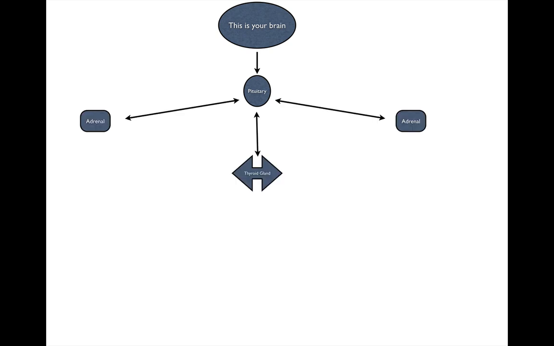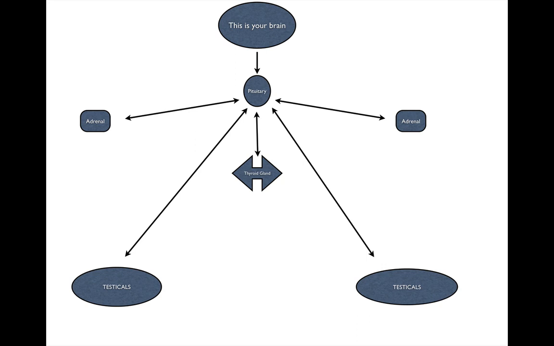Let's go through some of the basic physiology that you're going to need to know to understand TRT and testosterone in general. This is your brain, and in the brain, there's an area called the hypothalamus. It sends signals to communicate with the pituitary gland, which then sends out signals to the thyroid, the adrenal, and the testicles.